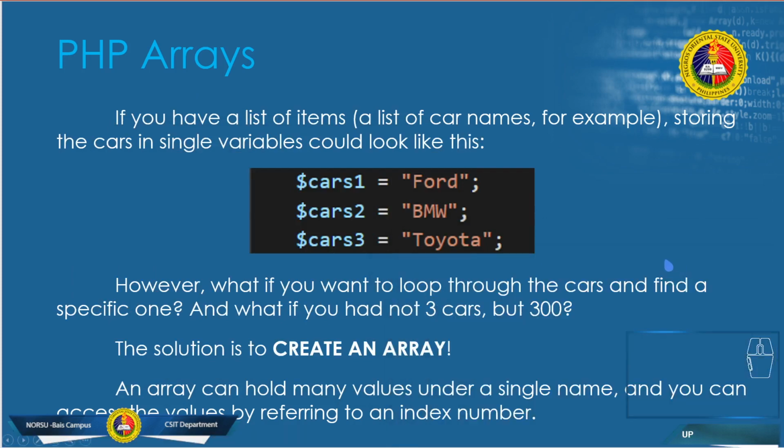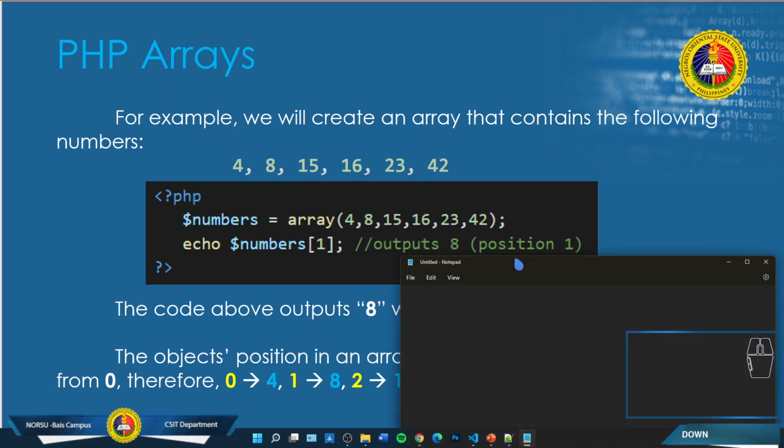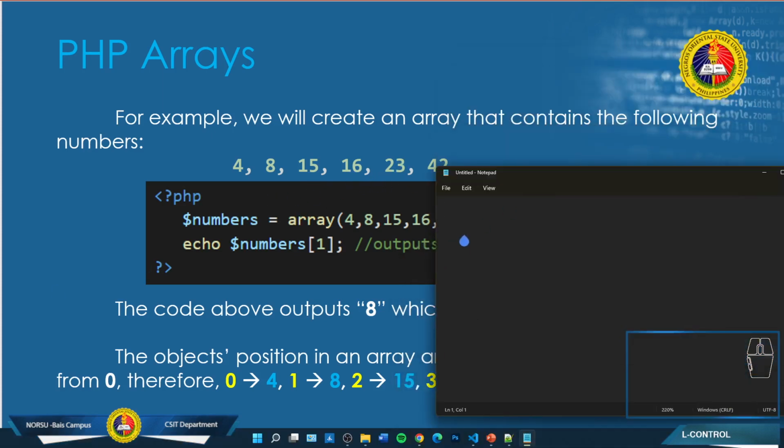Let's proceed to the next page. For example, we will create an array that contains the following numbers: 4, 8, 15, 16, 23, and 42. Now, if we're going to write it in variables, it will look something like this.